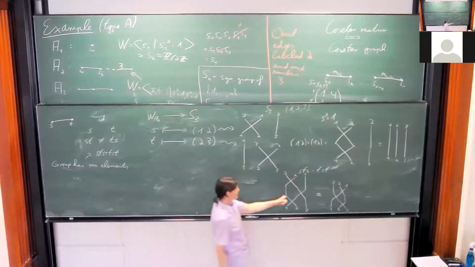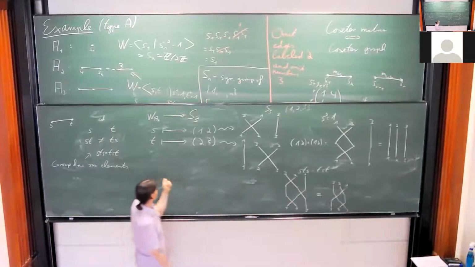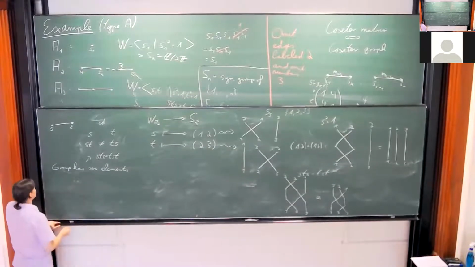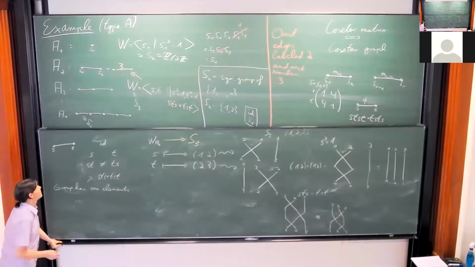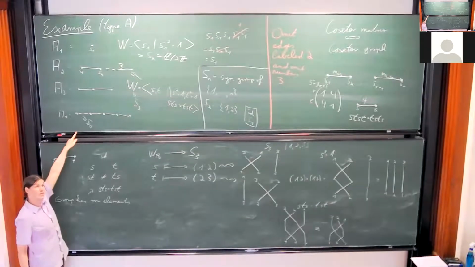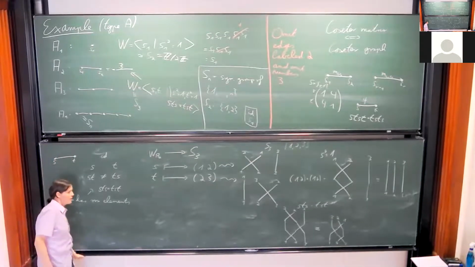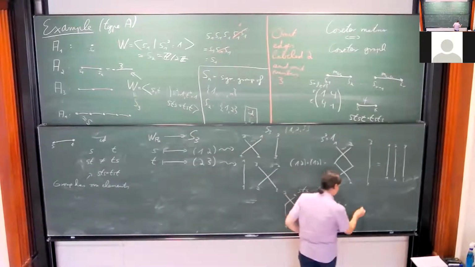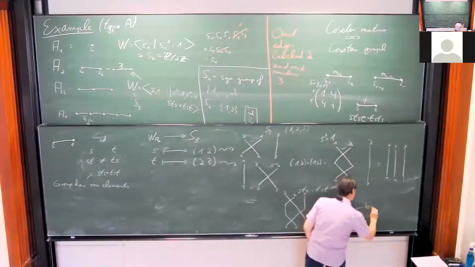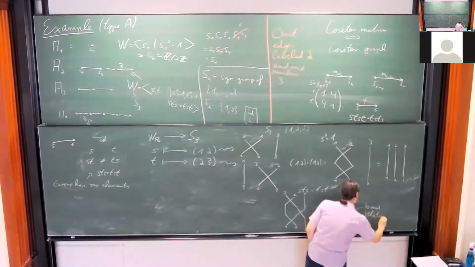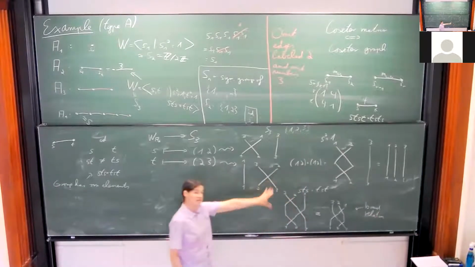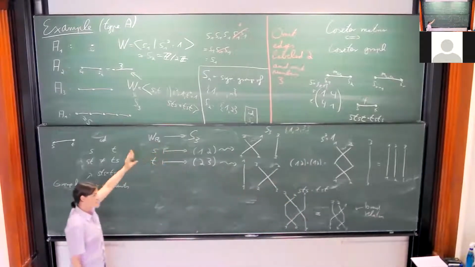And the point is that my presentation says, if you believe my theorem, that these Coxeter groups are always symmetric groups, then these two relations are completely sufficient to describe symmetric groups.